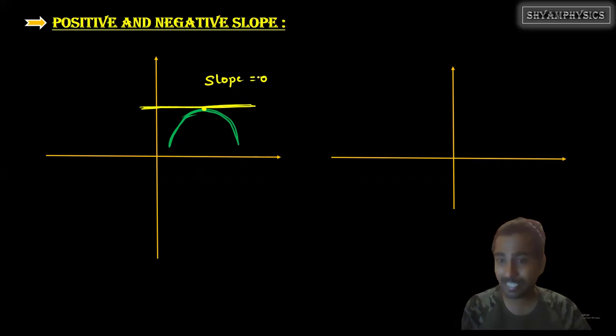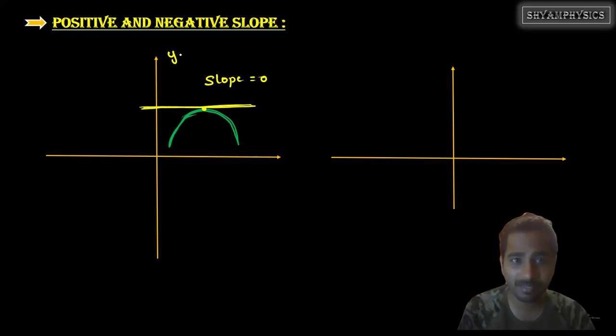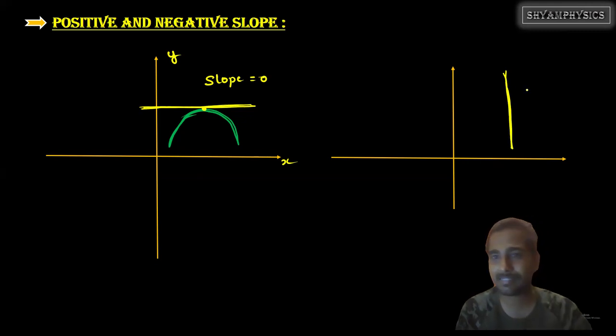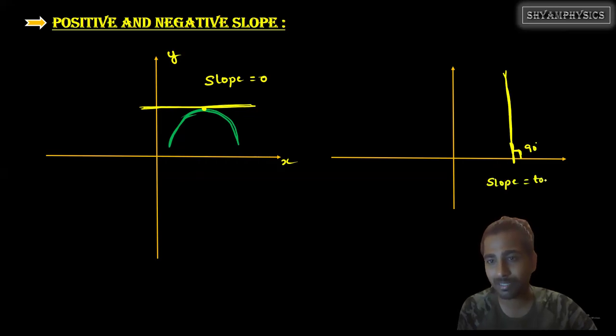Good. In case this is y, by the way, this is x. In case the line is passing parallel to the y-axis like this, with respect to the x-axis, what is the angle it is making? 90 degree. What is slope? Slope is nothing but tan theta. What is the angle it is creating here? Tan 90.